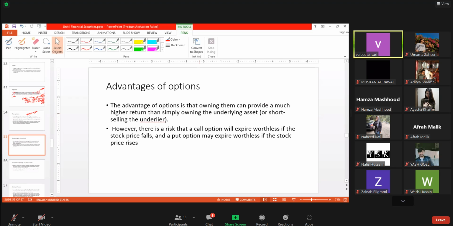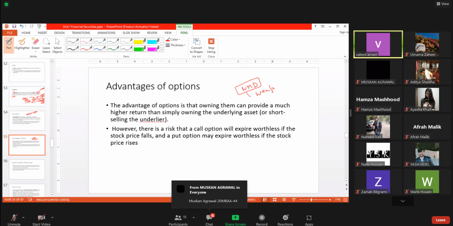And that is why most of the disasters in the financial market are also driven by derivatives. The very famous investor Warren Buffett called derivatives a weapon of mass destruction. But derivatives have their advantages and uses as well.